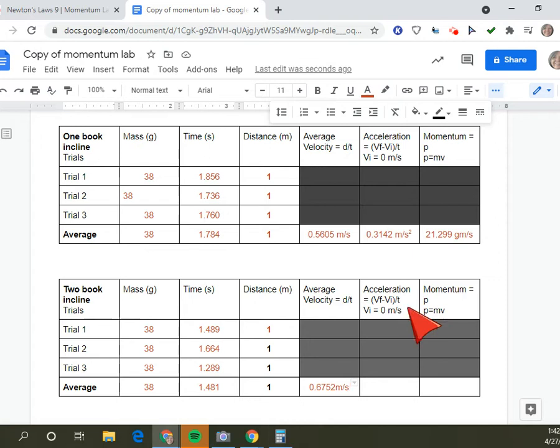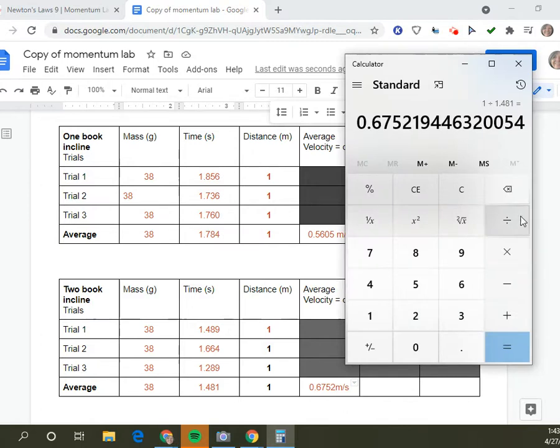Let's calculate. So again, our initial velocity is 0. So we're going to say final velocity minus 0 is final velocity, and we're going to divide it by our time. 0.4559.